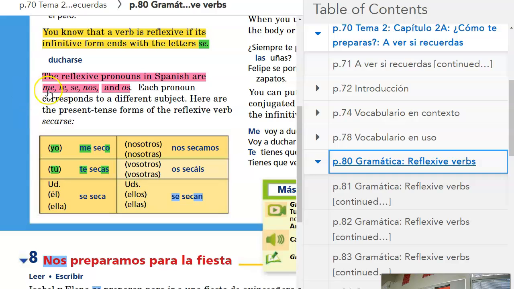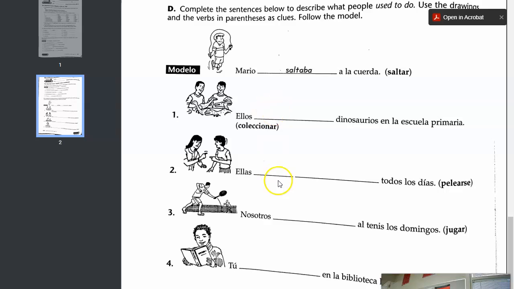And your options are me, te, se, nos, and se. So your first blank is going to be filled in with the reflexive pronoun. And your second blank is going to be filled in with the conjugation of the verb pelear. It's an AR verb. Take off your AR ending and then put the ending that would match the ellas form. And that is your homework, everybody.